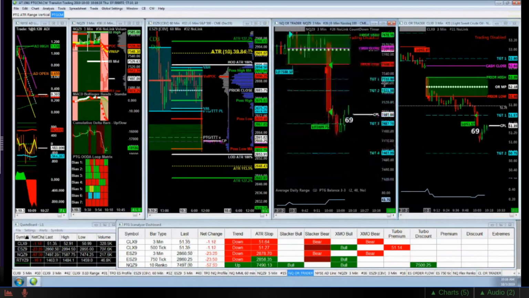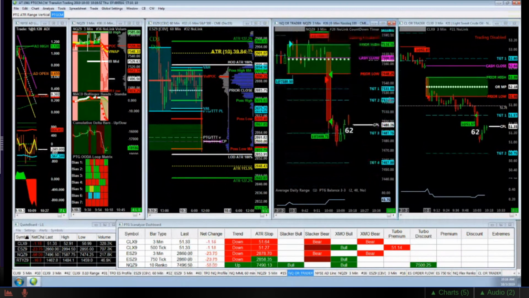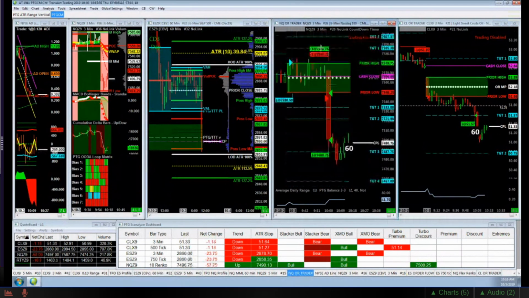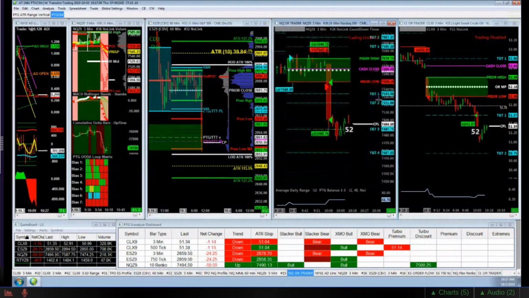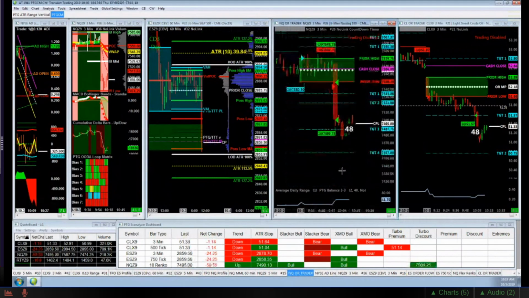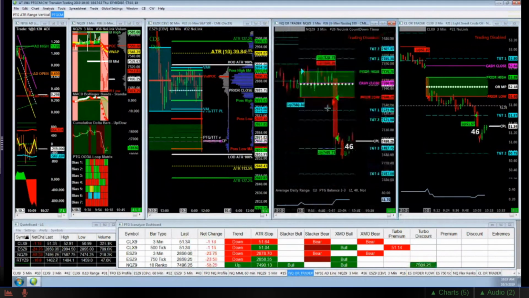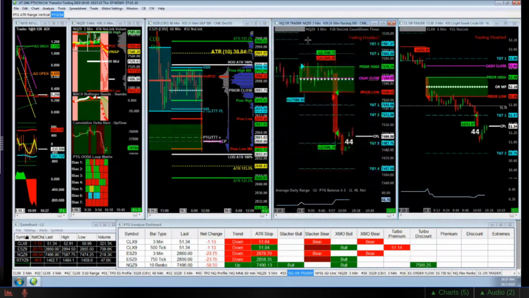Even so, hit the lower target zone, and that gain on the short covered the loss on the long, and then a couple hundred on top of that. So we actually had a net positive on the NQ.